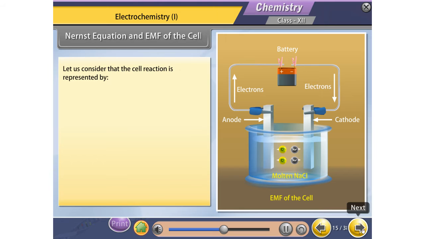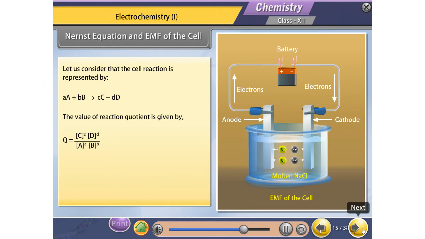Let us consider that the cell reaction is aA plus bB gives rise to cC plus dD. The value of the reaction quotient is given by Q = [C]^c [D]^d divided by [A]^a [B]^b.